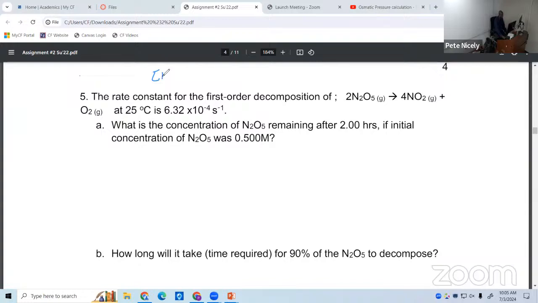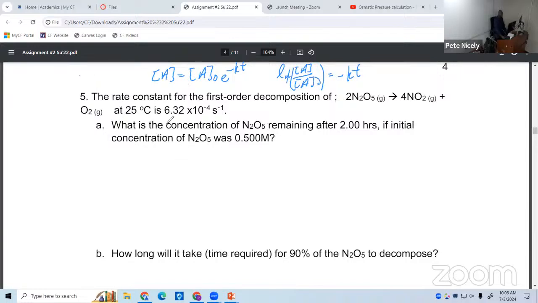One form is the concentration of A is equal to the initial concentration of A times e to the minus kt, right? There are other forms, just to remind you. We have this form here. These are 2 ways of saying the same thing, right?